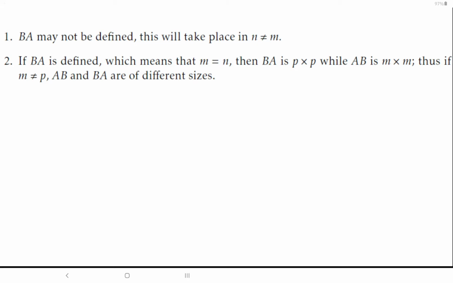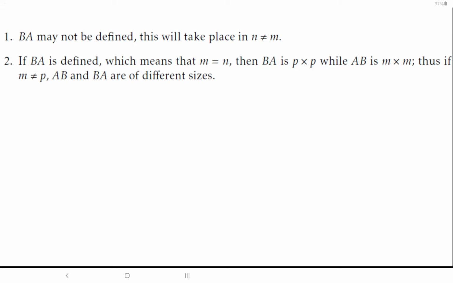Okay, so if AB and BA are both defined, then BA will be a square matrix. So, its size is P by P, while AB will be an M by M. Okay, so both are square matrices.